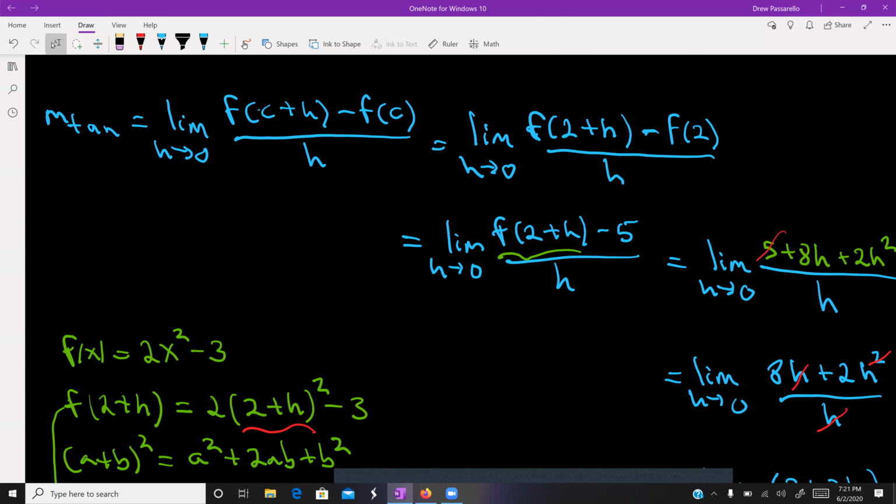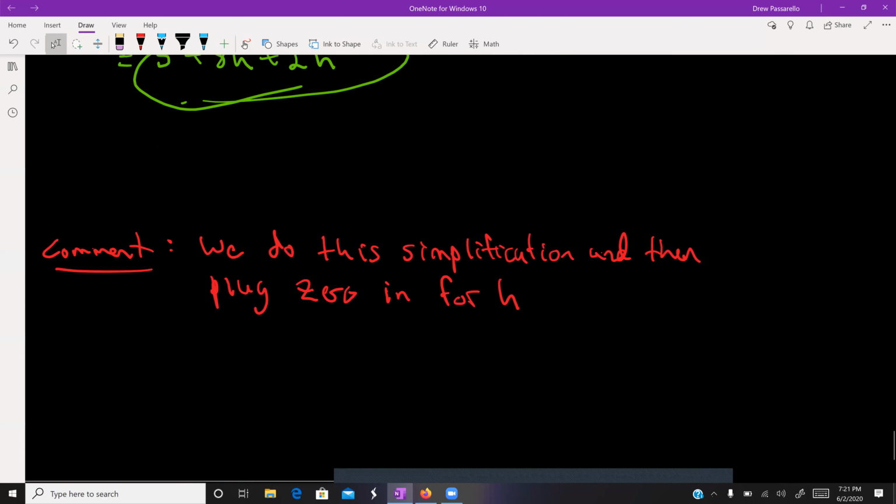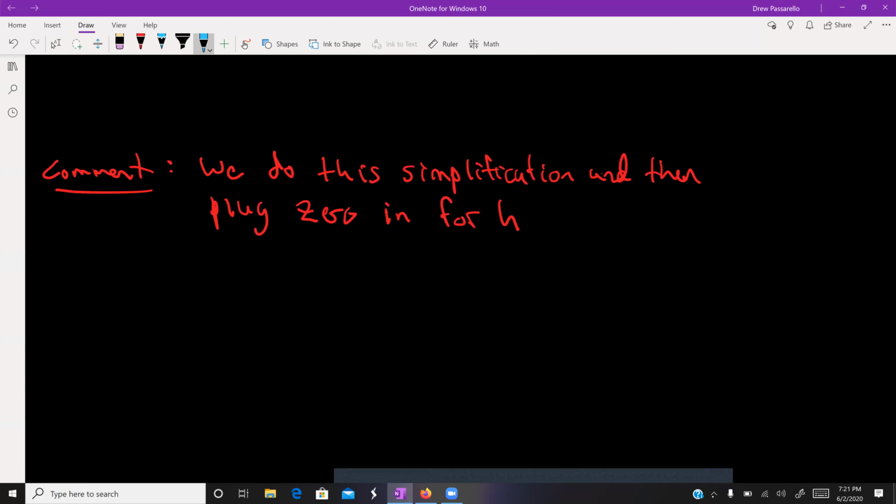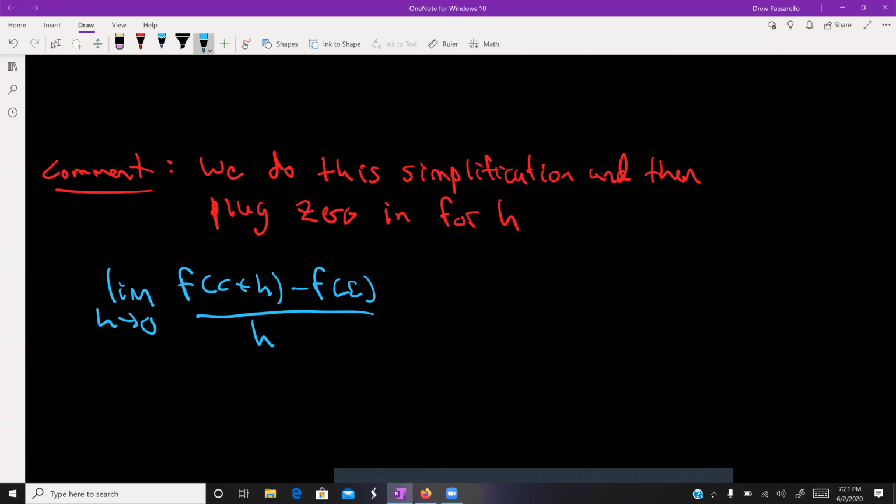If I plugged in 0 for h in the limit as h goes to 0 of f of c plus h minus f of c, that's f of c plus 0 minus f of c, divided by 0.